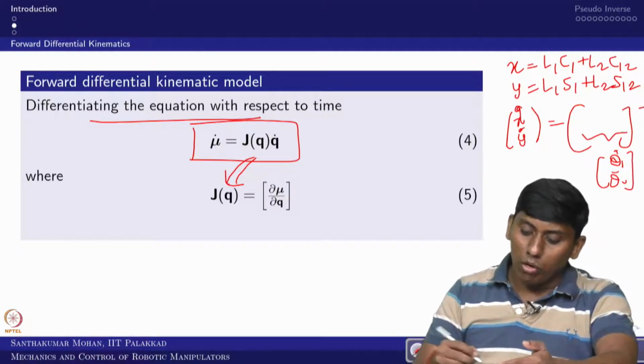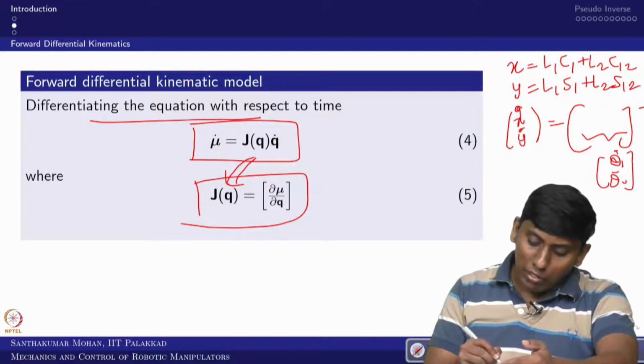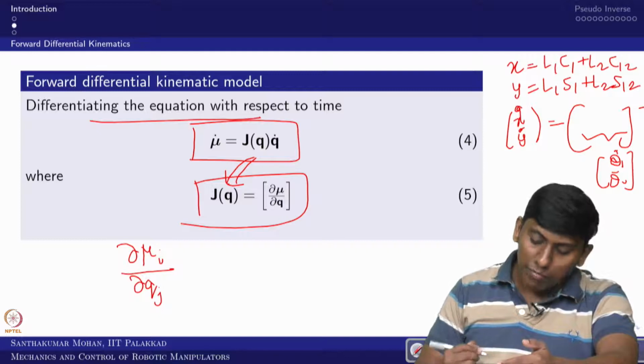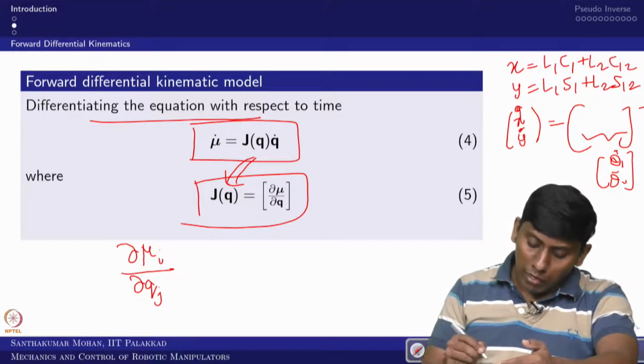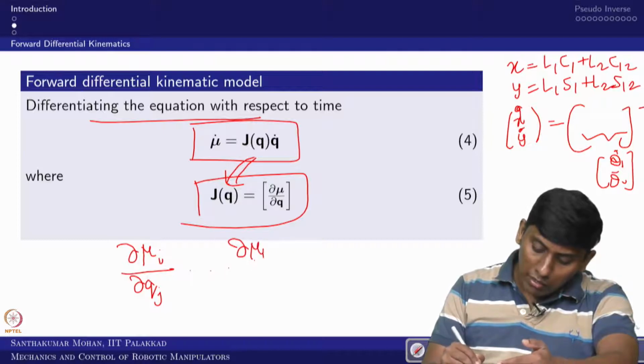So this is what you call the Jacobian matrix, that is a partial differentiation. How can you write a partial differentiation? You can write ∂μ_i divided by ∂q_j. Where I can start with 1, so this goes till ∂q_j.